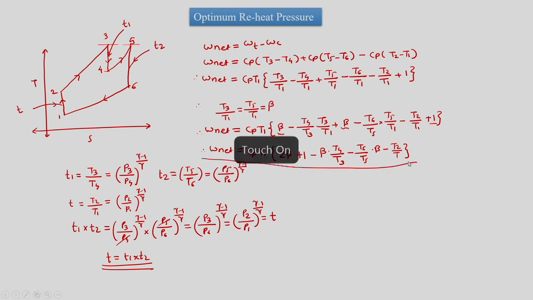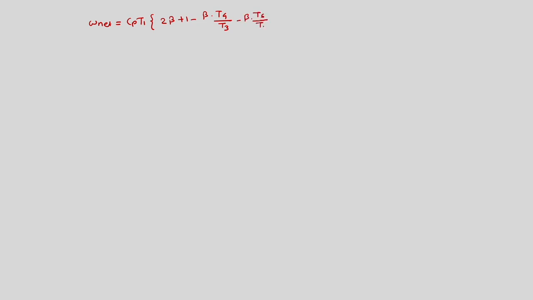and we will rewrite this expression as W net is equal to CPT1 into twice beta plus 1 minus beta into T4 by T3 minus beta into T6 by T5 minus T2 by T1.